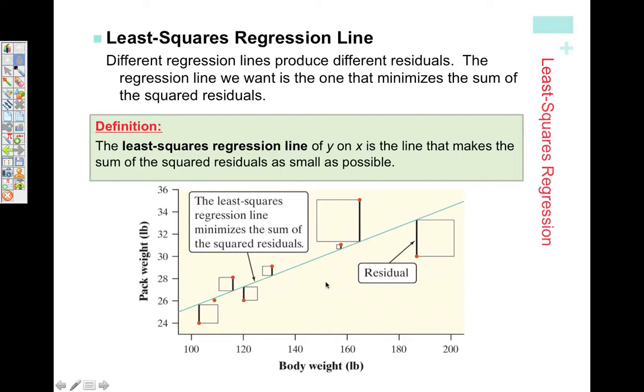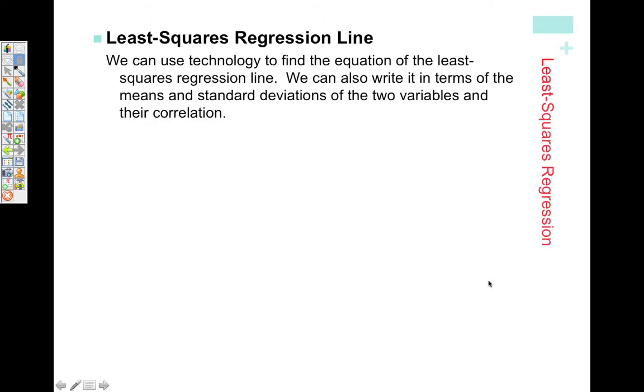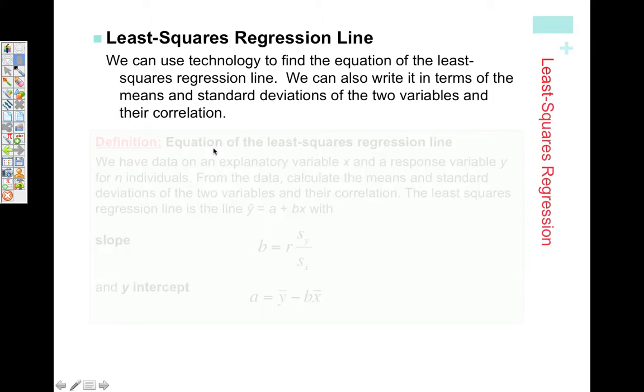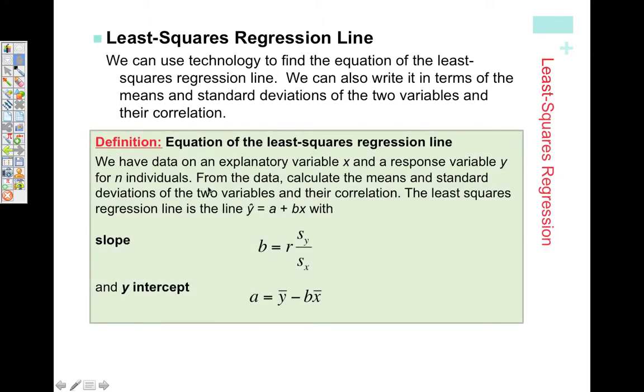So how do we do that? Well, we can use technology, and we'll use technology in a minute, but we can also use the means and standard deviations and their correlation to calculate this regression equation. Here's how we do it. If we have data for an explanatory variable and a response variable, we can calculate the means and standard deviations, and we can calculate the correlation.